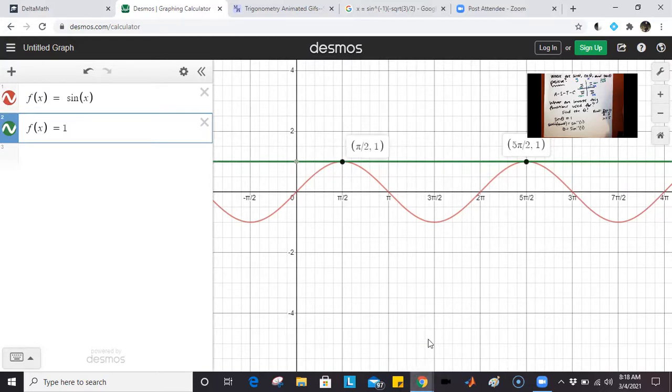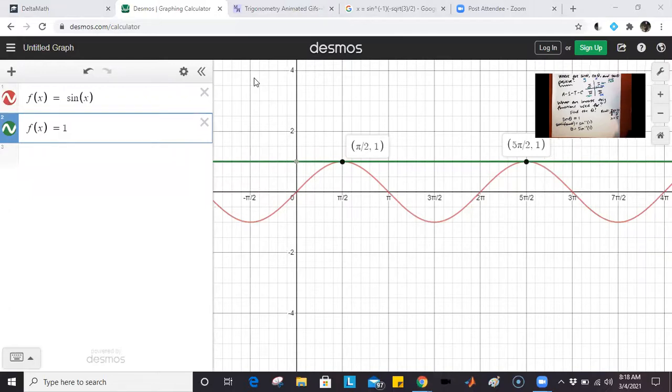So we have to restrict where we're asking for answers to come from. We're going to restrict our domain to one cycle, one circle, or one walk around the circle, one period. So one period for this guy would start at the 0 and go to 2 pi. That's how long it takes for this cycle to repeat.